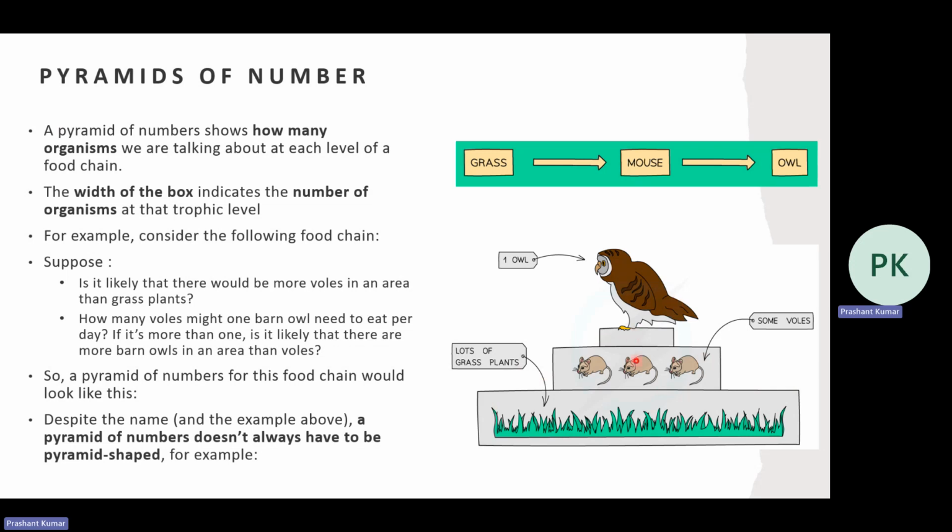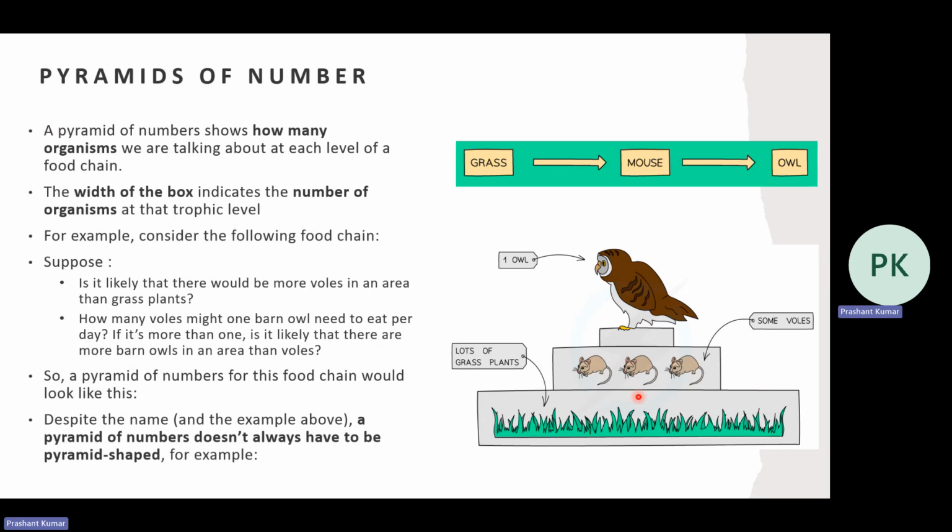Pyramid of number represents how many organisms there are in each level of the food chain. Here we have only three: grass, mouse, and owl, making a very small food chain.